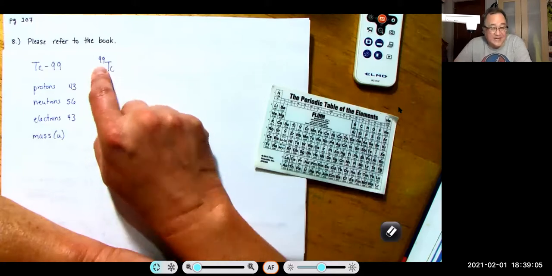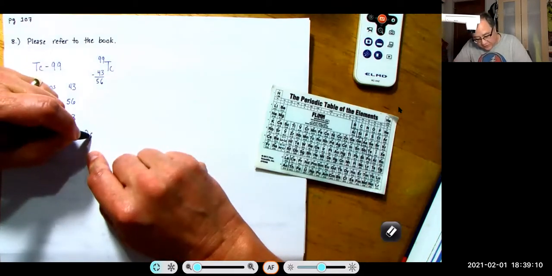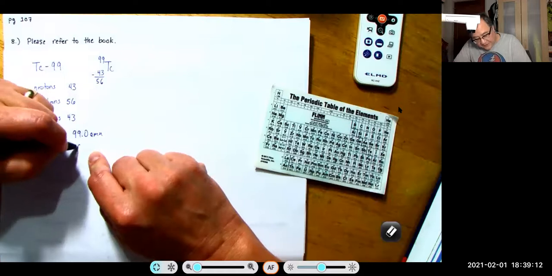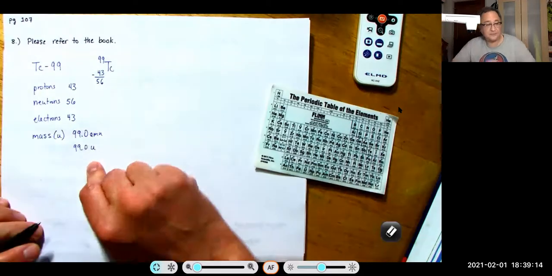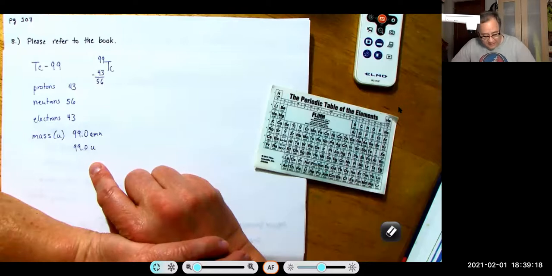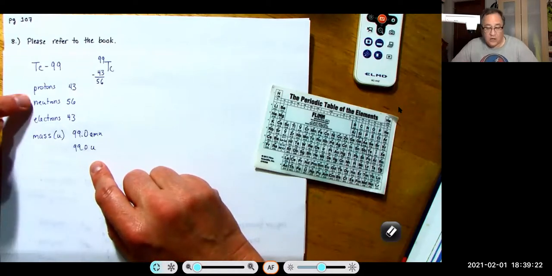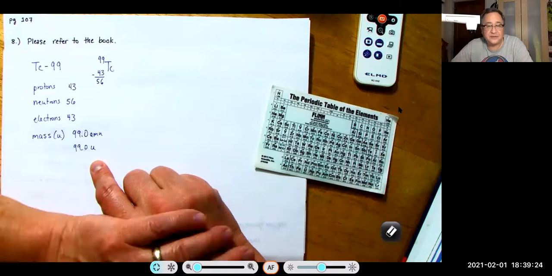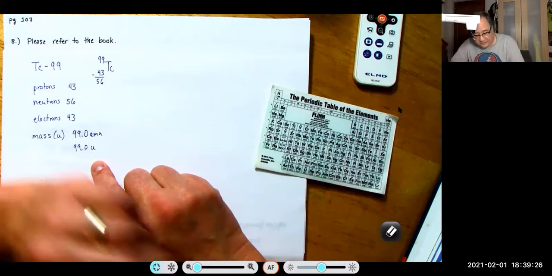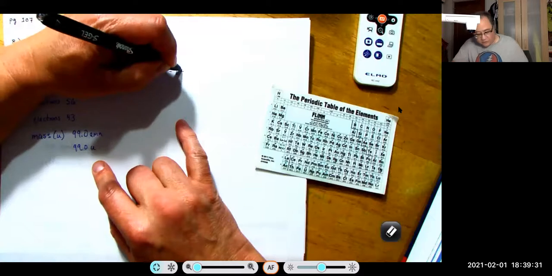And since we have 99 of these, this is 99.0 AMU or 99.0 u. Any questions about how I got the mass, the number of electrons, neutrons, or protons? Okay, good. So I want you to do the same thing for americium-241.